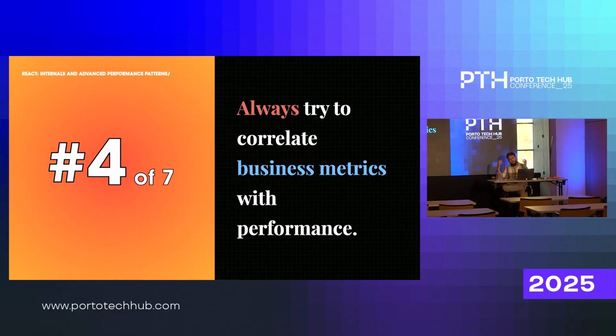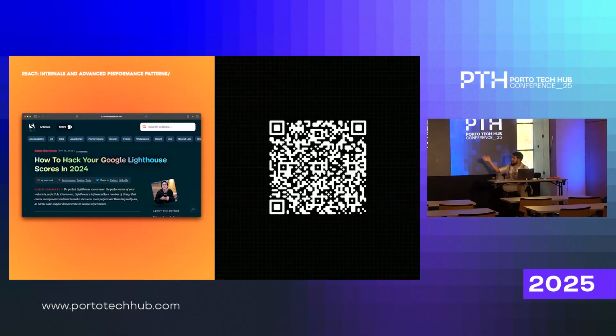Also, please, whenever possible, all of these performance stuff, try to connect them with business metrics and with your users' metrics, because that's what matters at the end of the day. I love this post by Salma. It's about modifying your Lighthouse scores. So she grabs this app with very poor scores.